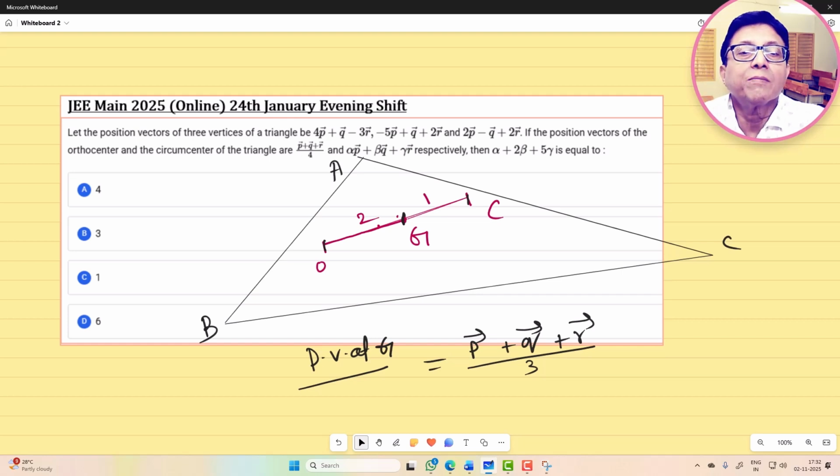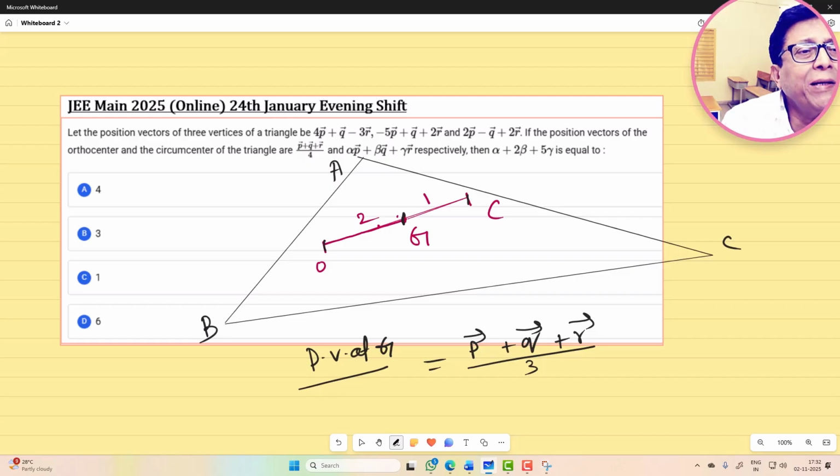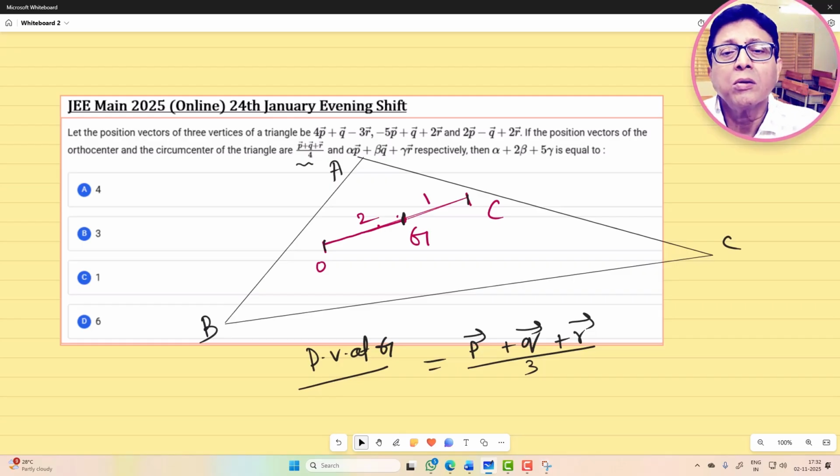You got the position vector of G. Okay? So the orthocenter we will not find, only the centroid. It is enough. They have given the orthocenter here, circumcenter here.